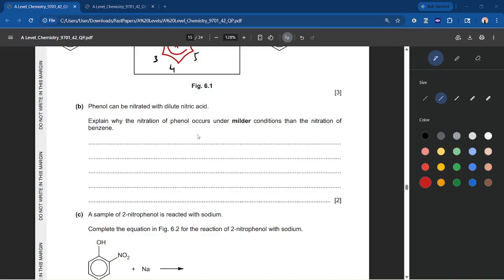If I were to draw this, this is the oxygen over here. Let's say this is O, and this is with hydrogen. So it's got a lone pair of electrons over here.